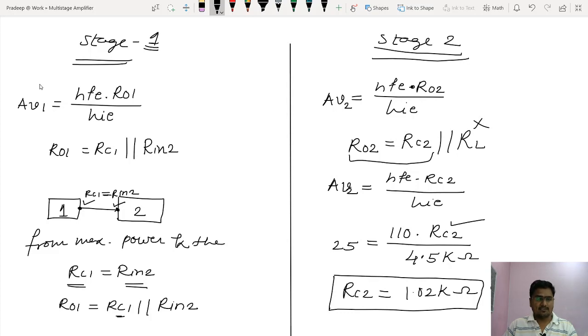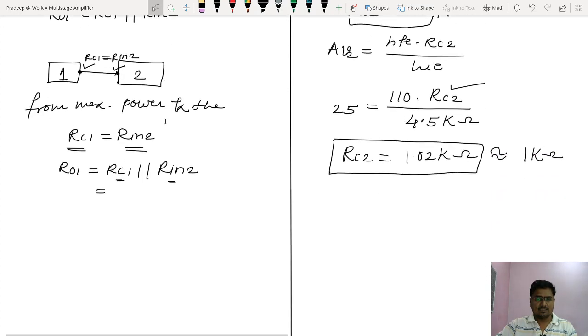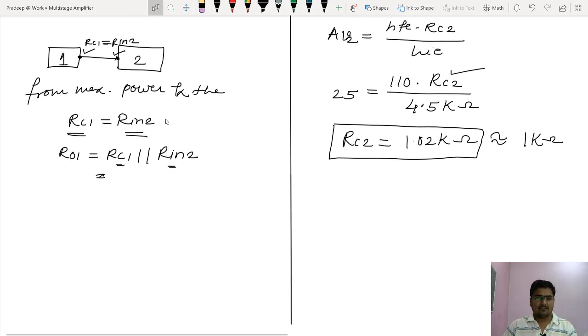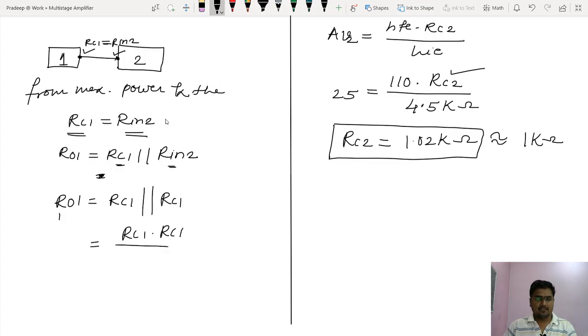Now as RC1 equals Rin2, I can replace Rin2 with RC1. This is the value of my RO1. Now write down the parallel equation: RC1 multiplied by RC1 divided by RC1 plus RC1.